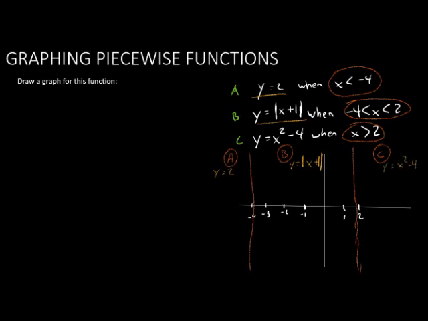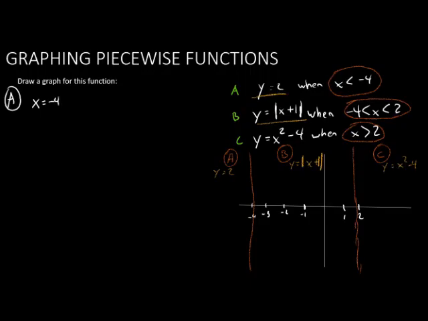Let's begin with piece A. We're going to need to select some x values to graph for piece A. The only x's that we are allowed to use are x's that are less than -4. However, since -4 is part of the boundary condition, let's first try to find what y is when x is -4.